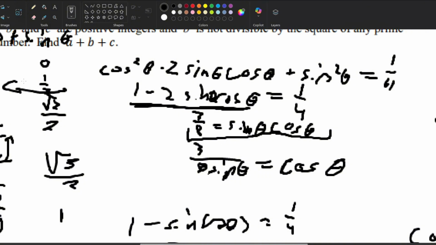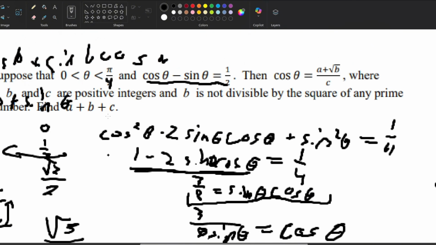It's not even greater than sine by 1/2 here. Here it's greater than sine by 1, here it's not, so it's actually between 0 and pi over 3, I believe. Pi over 4, pi over 2, pi over 3. Yeah, that's what I'd say.